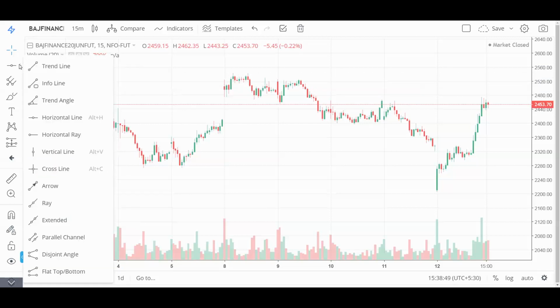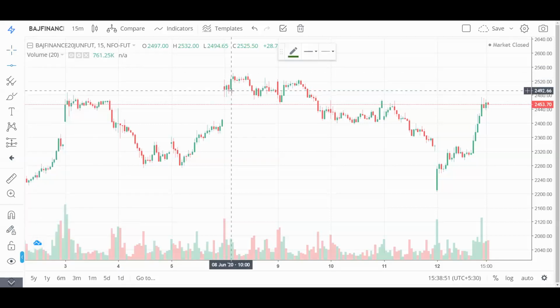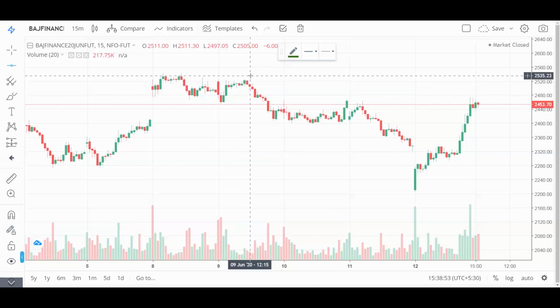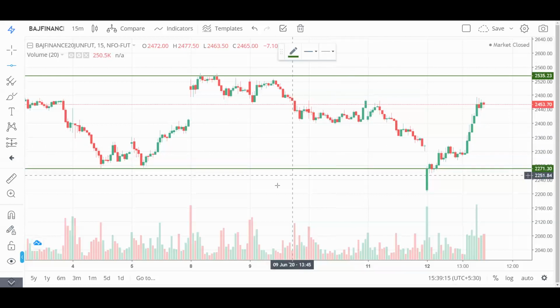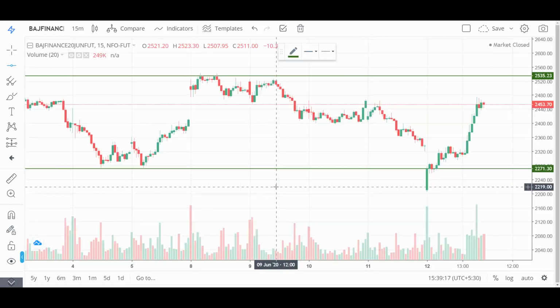So I will draw one resistance level here because this level is not yet broken. So I will draw one resistance here. Same way, one support I will draw here.